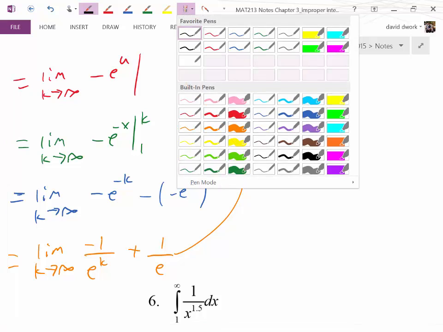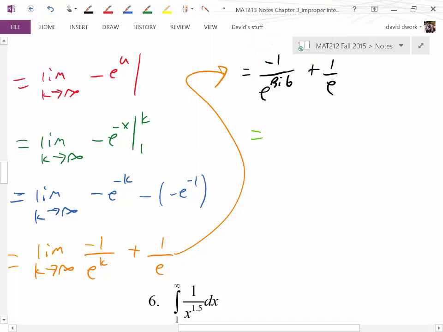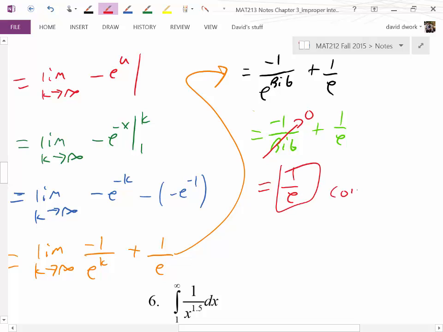And as we did in the warm-up and as we know now, e to the big is big, and negative 1 over big makes 0. So therefore my answer is 1 over e, and therefore this converges. Okay?